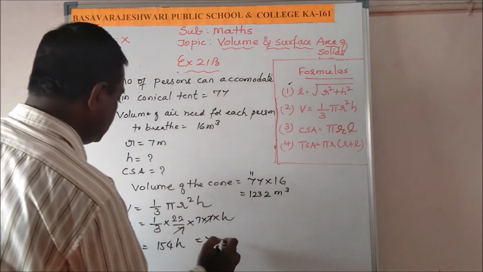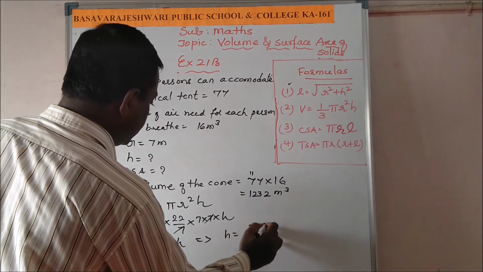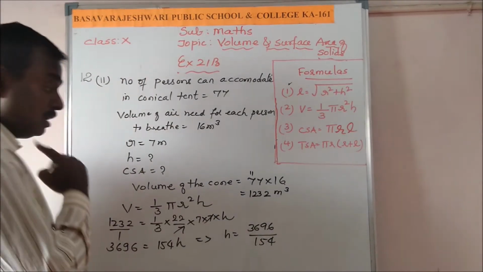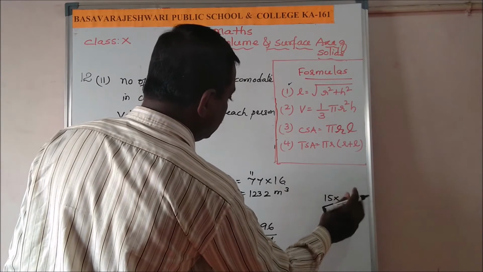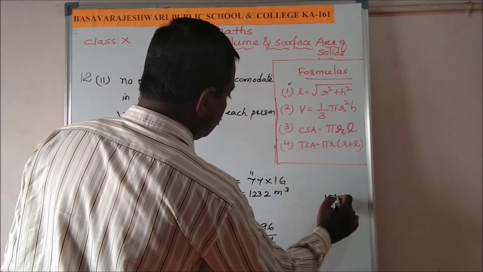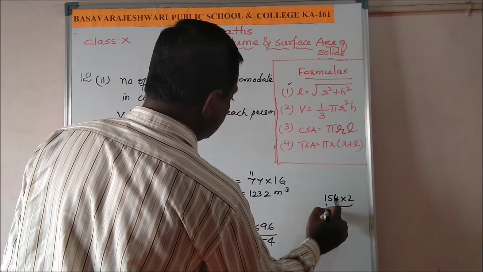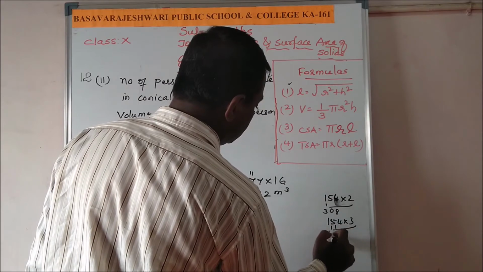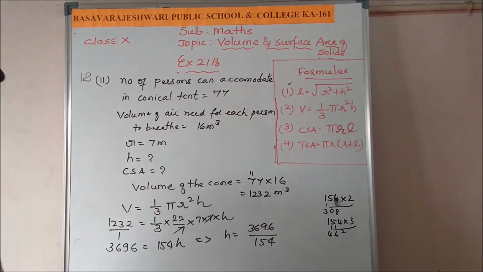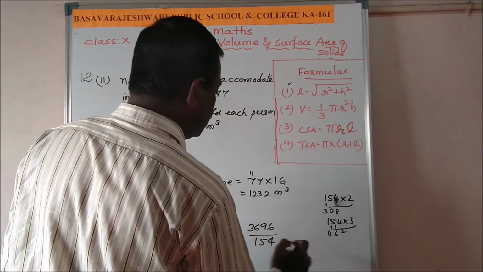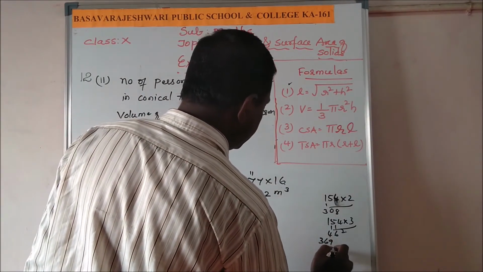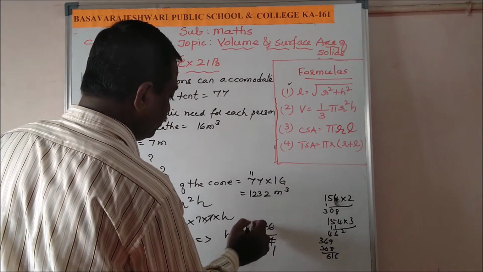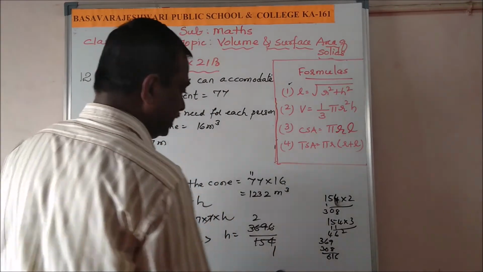This implies h is equal to 3696 by 154. 154 into 2 is 308, 154 into 3 is 462, 154 into 4 is 616.